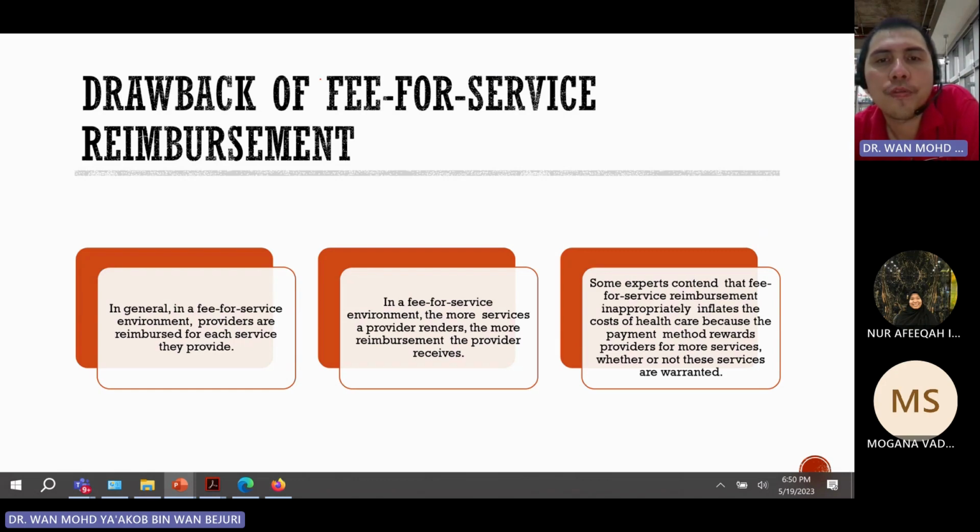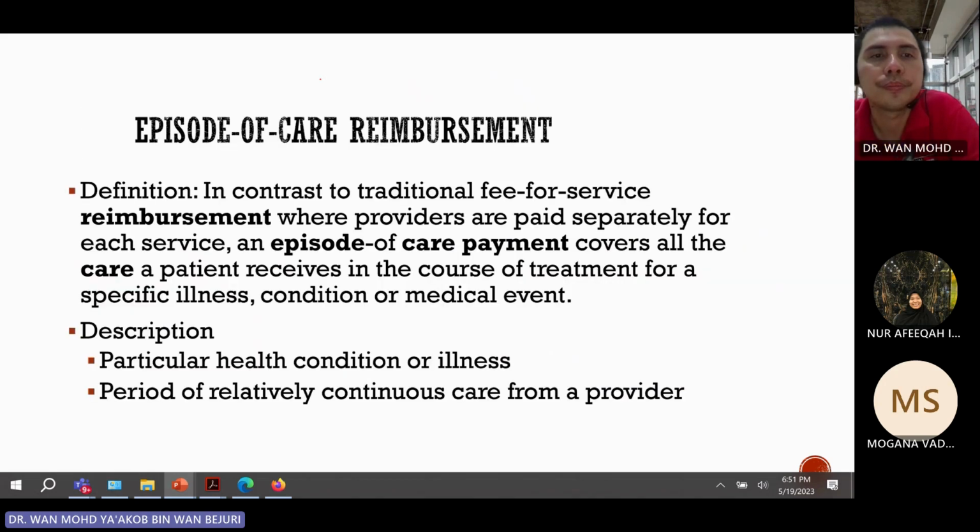So in a fee for service environment, the more services a provider renders, the more reimbursement the provider receives. Some experts contend that fee for service reimbursement inappropriately inflates the cost of healthcare because the payment method rewards providers for more services, whether or not these services are warranted.